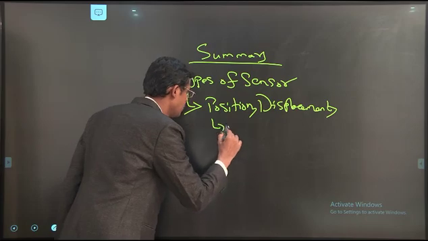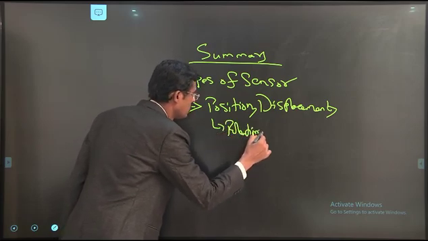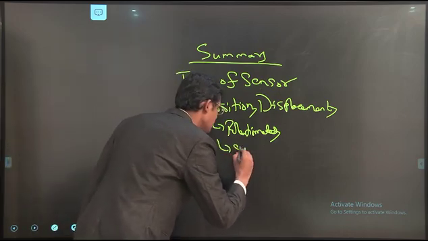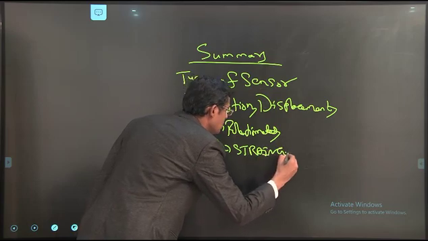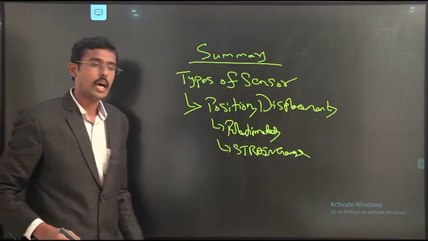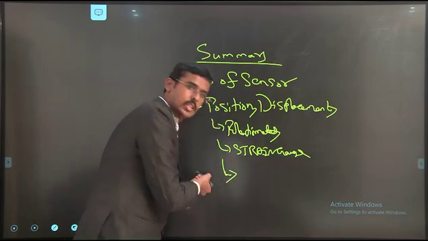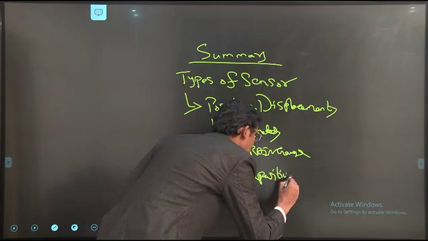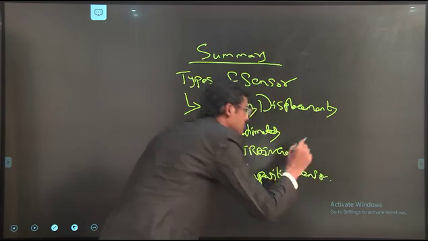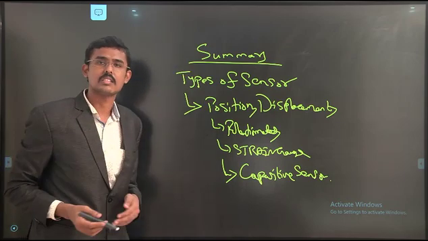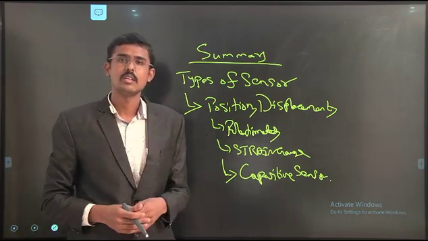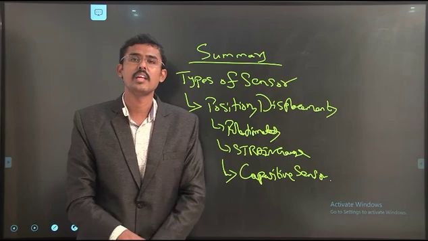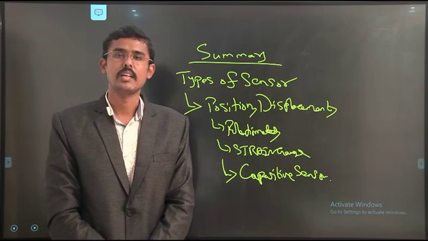Like the potentiometer, then the strain gauge, and then also we have recently seen the capacitive sensors. Right. The remaining velocity sensors and light sensors are there. Remaining sensors we will cover in the upcoming sessions. Remaining parts we will see in the next session. Thank you.